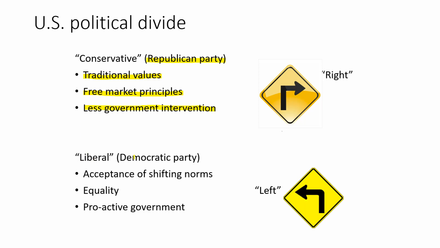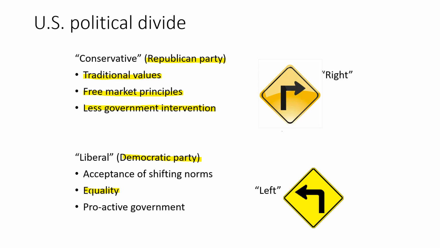The liberal side of politics, the Democratic Party, is a little bit more, in general, accepting of shifting norms, of things changing, a little bit more amenable to change in order to make improvements. And then, of course, a little bit more, I guess you could say, pro-equality of humans, whereas you could say the conservative side is a little bit more pro-equal opportunity.